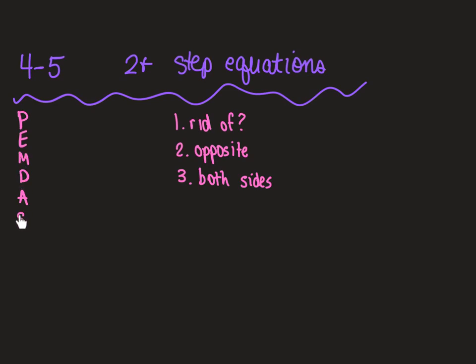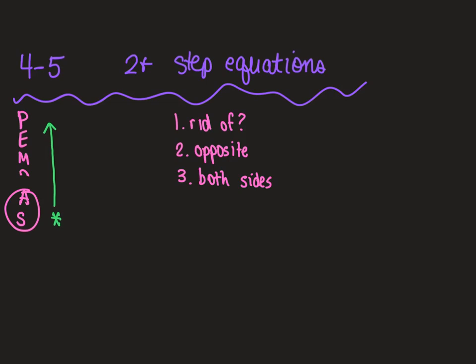I wrote PEMDAS down the side because when we do two-step equations, we want to start at the bottom of PEMDAS and work our way back up. Since adding and subtracting are the last two steps, that's where we're going to start.